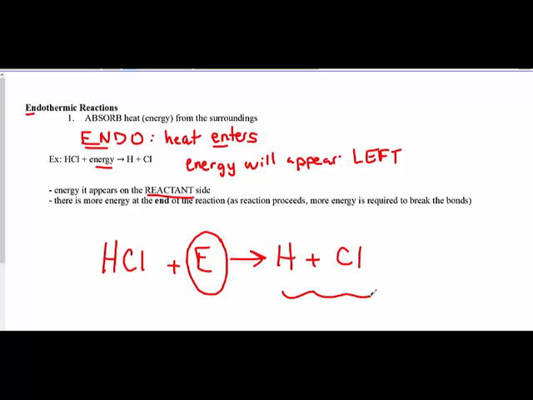So the energy that we're putting into the system is being used up for something. And here, when the energy is absorbed, it's absorbed into the products so that we have used it to break those bonds, and those products have higher stored energy or higher potential energy. They are less stable and they have a higher energy at the end of the reaction.